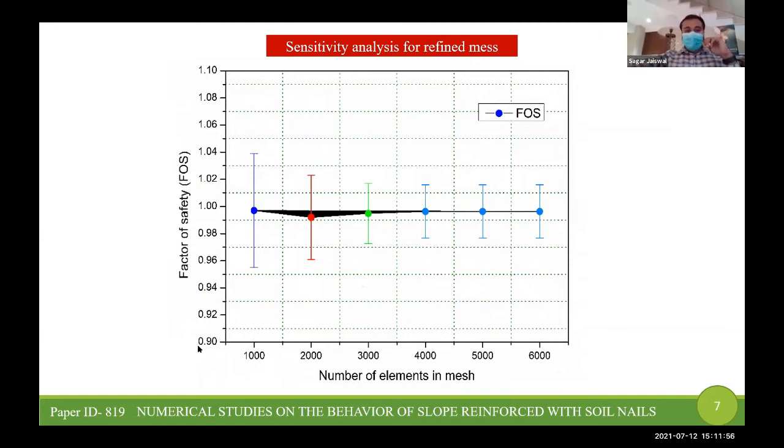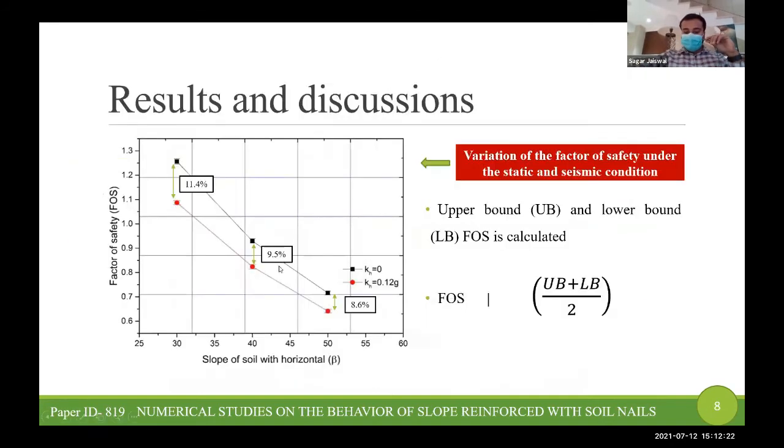Here you can see after increasing the number of elements from 1000 to 6000 at an interval of 1000 elements each, we get an improvement in the value of factor of safety, and after this value, that is 4000 elements, the value of FS has become constant. That's why this number of elements has been taken throughout the numerical model to perform the analysis. Now, move on to the next slide.